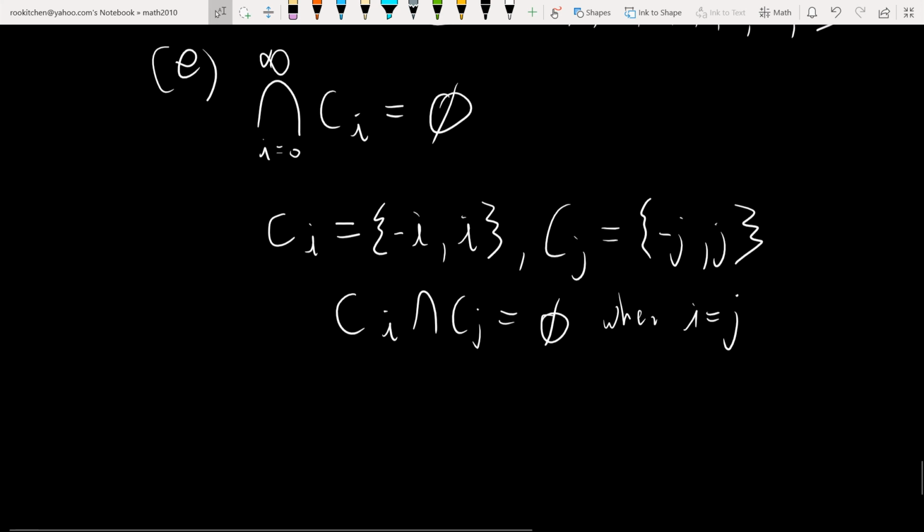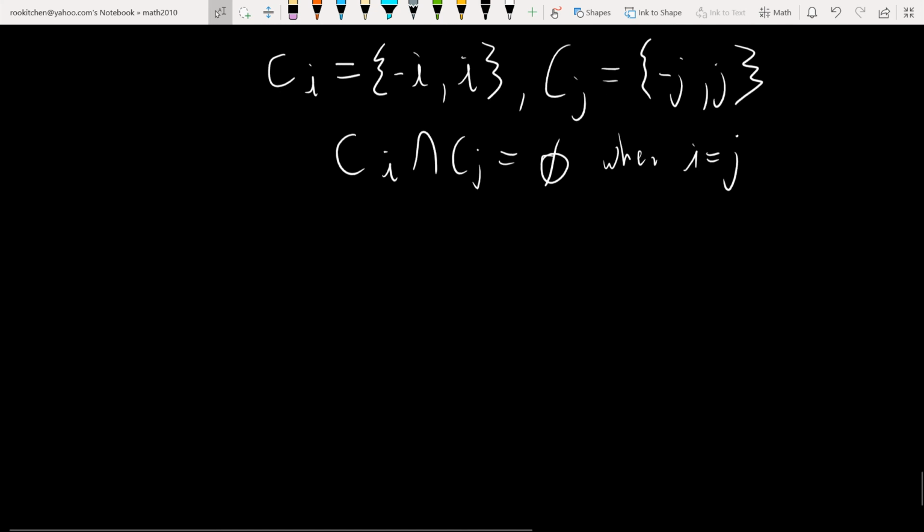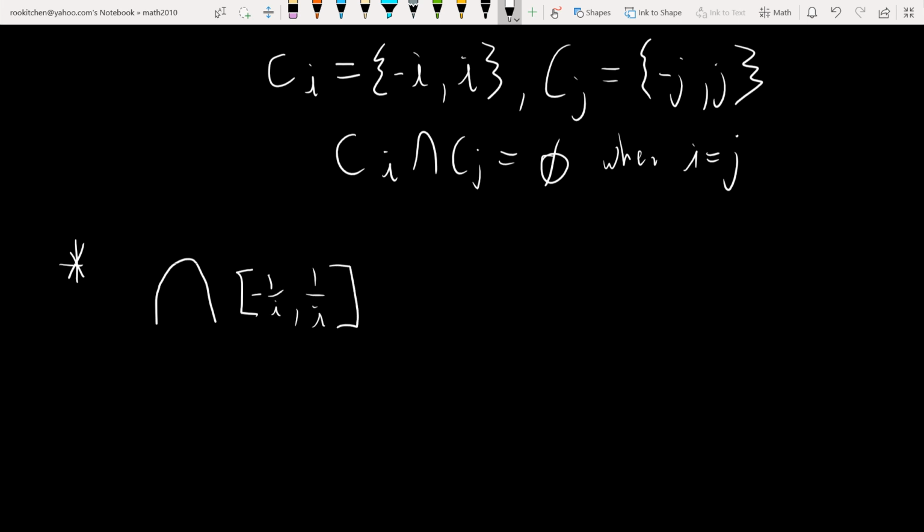Okay, when you take real analysis and advanced calculus and topology, some of the issues that come up have to do with closed and open sets. So there is something like this, the intersection of the intervals [-1/i, 1/i] from i equals 1 to infinity.